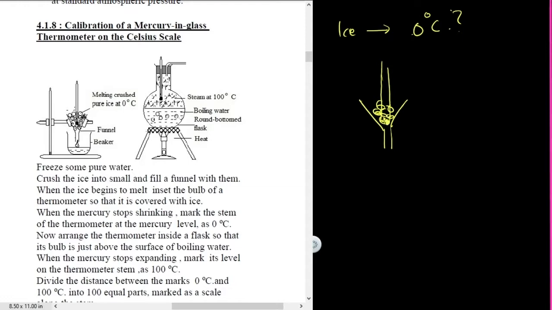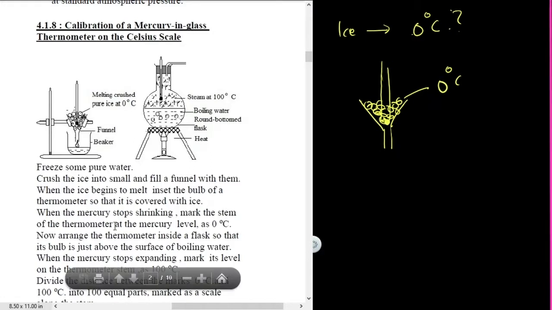It will measure the temperature of ice, which should be 0 degrees Celsius. When the mercury stops shrinking, mark the stem of the thermometer at the mercury level as 0 degrees Celsius.